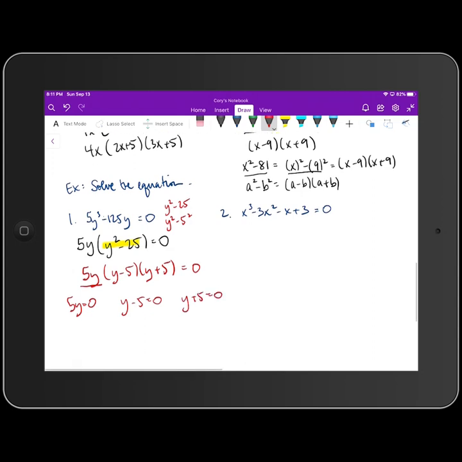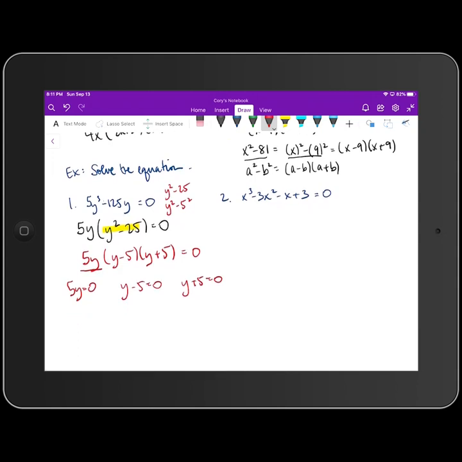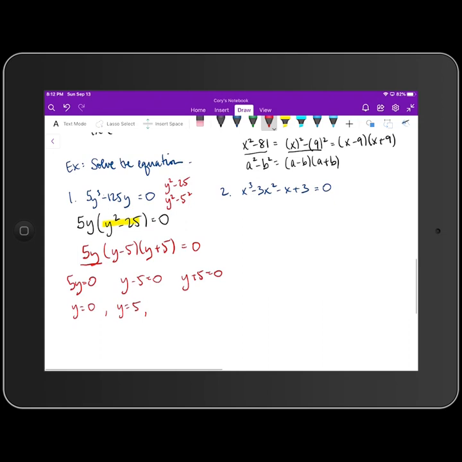And then all we have to do is solve each equation for y. So if I take the first equation, divide both sides by 5, we get y is equal to 0. If I take the second equation and add 5 to both sides, we get y is equal to 5. And then if I take the third equation and subtract 5 on both sides, we get y is equal to negative 5.